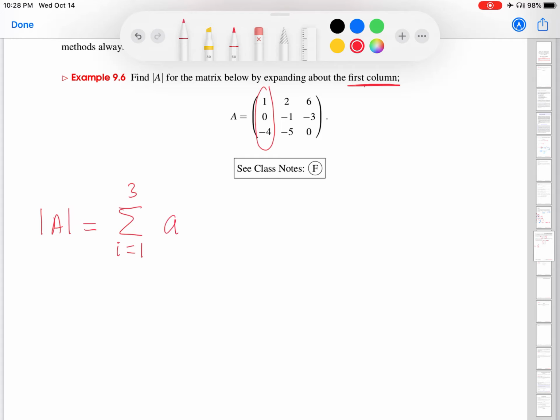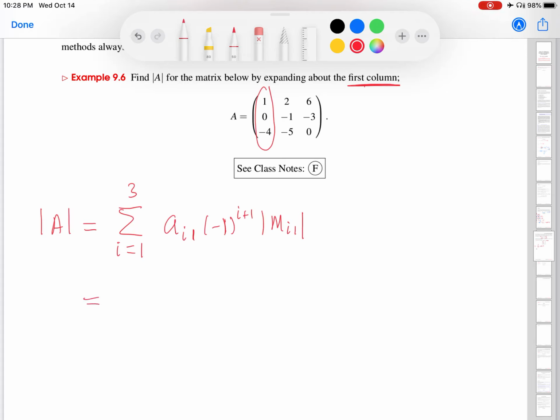And here I'm choosing the first column, so the j value is fixed. The i value is going to vary. (-1) to the i plus 1, determinant M_i1. And then as we've done before, I'm going to write out these three terms.